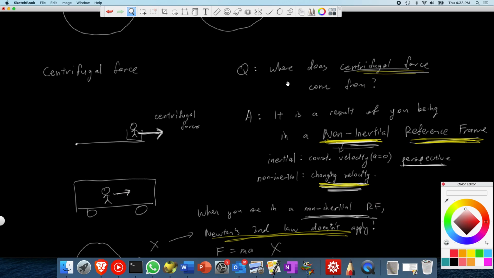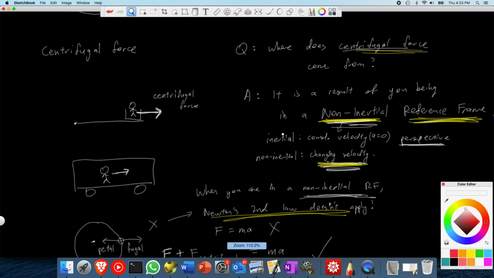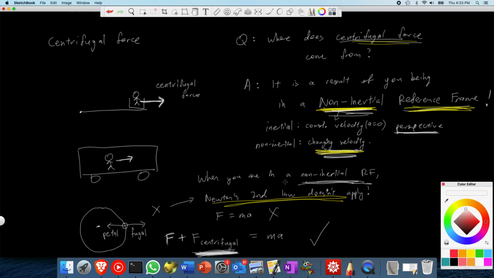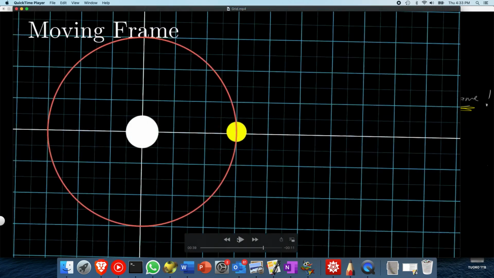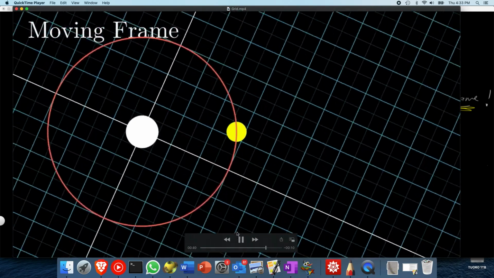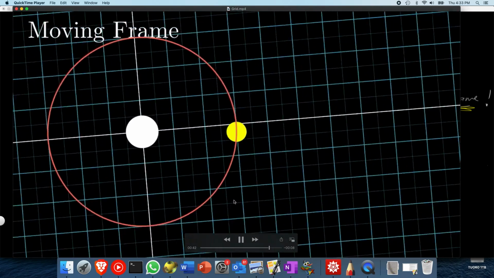And then for centrifugal force, what I've explained is that it arises when you are in the reference frame of an object undergoing circular motion. If it helps, I'm going to bring up this animation again.